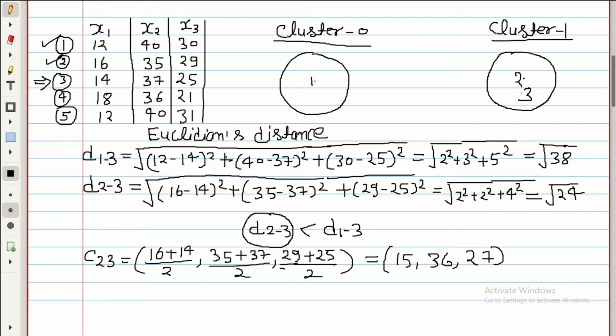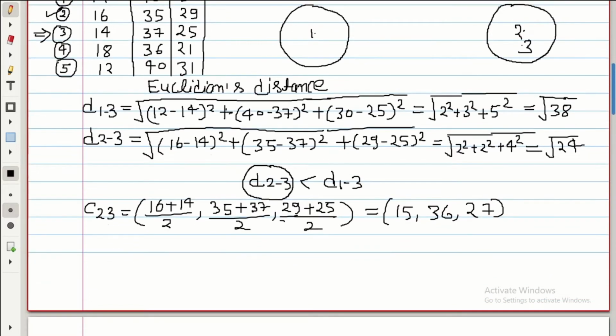See what will happen if you compute another distance from this centroid. Now let us see it by example. Suppose here 4. Now the cluster is decided for 3.